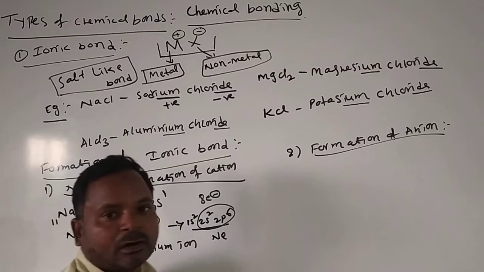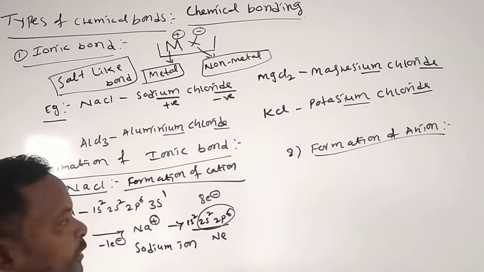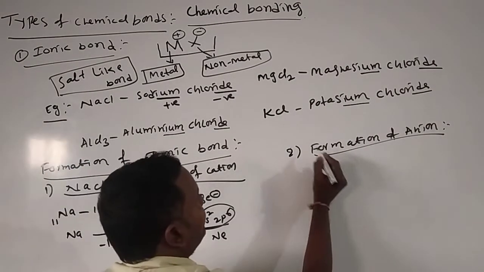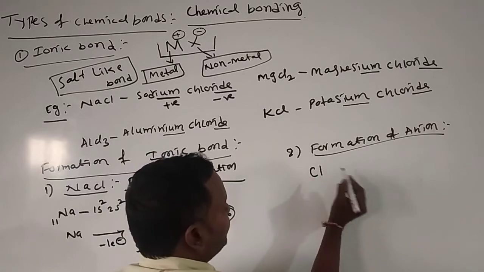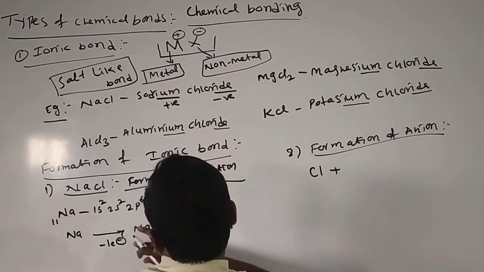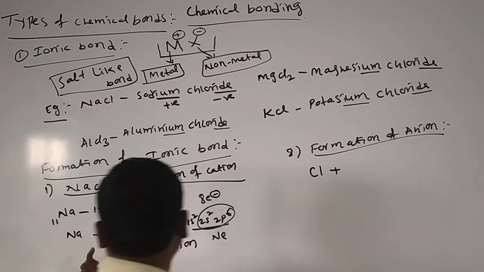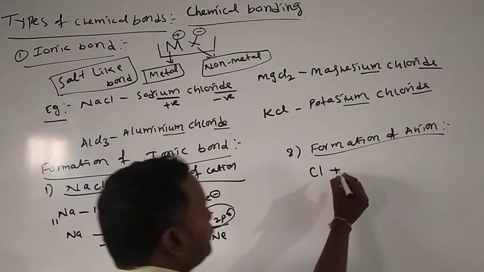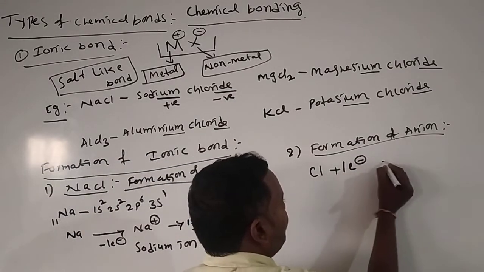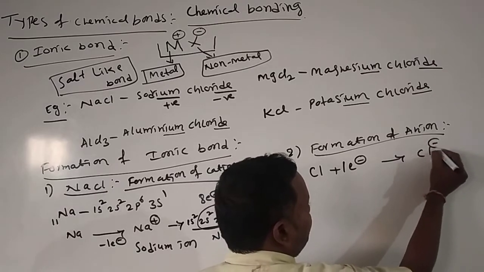How does anion form? Anion means negative charge. Positive charge finished. Chlorine is there. Sodium loses one electron, and that electron is gained by the chlorine atom. What happens? It forms chloride ion.